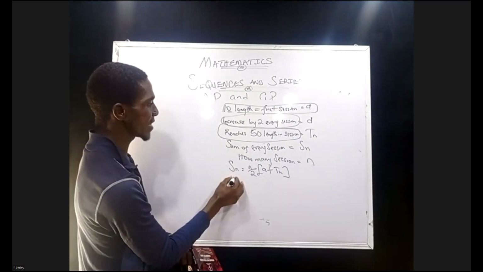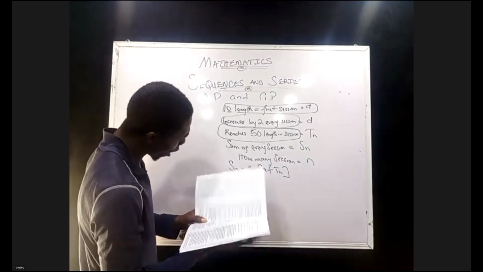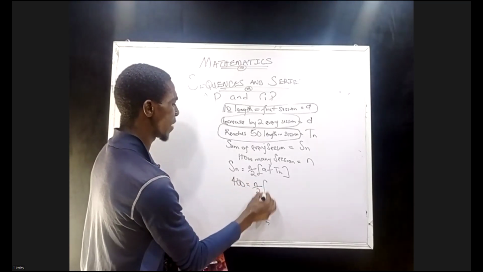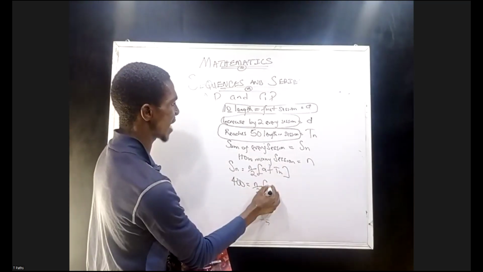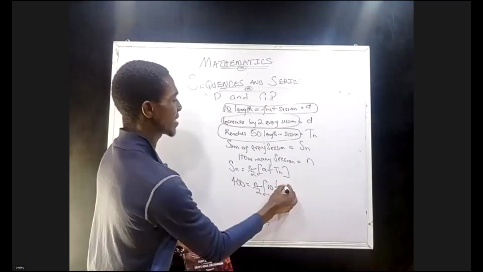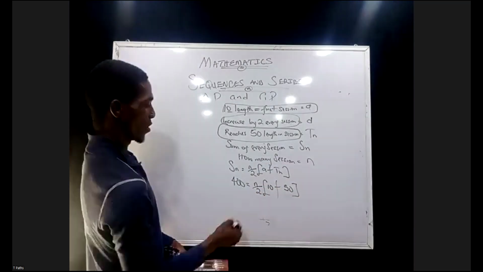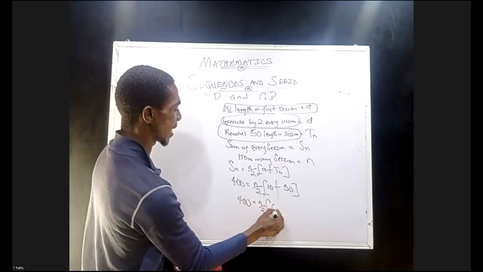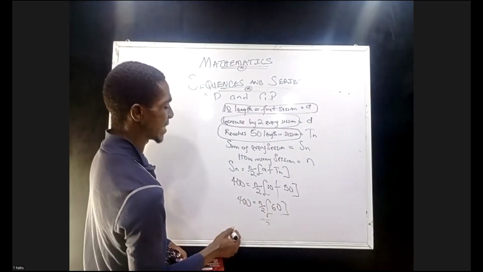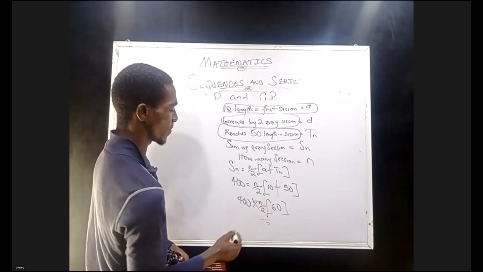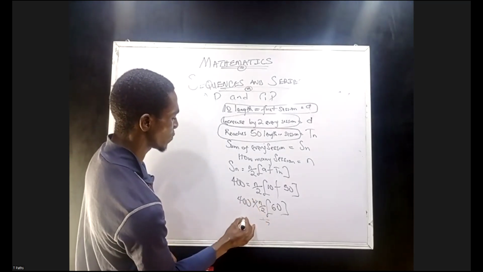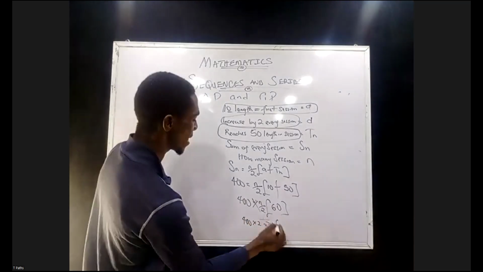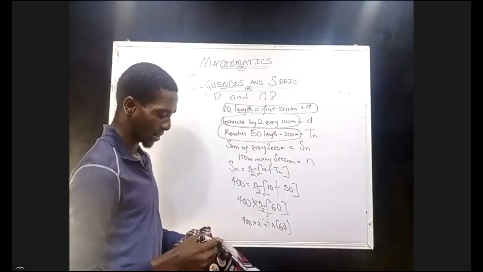So the sum of n terms is given as 400, equals n, the number of terms, unknown, over 2. Then the first term is given as 10, and the last term is given as 50. So here becomes 400 equals n over 2, open bracket, 60. I can say multiply, or you cross multiply. So I say that's 400 times 2 equals n times 60.